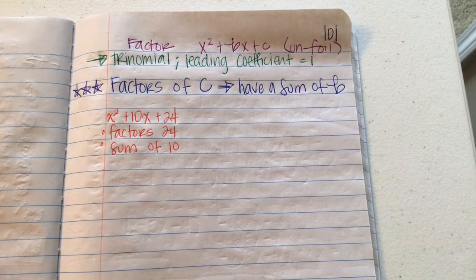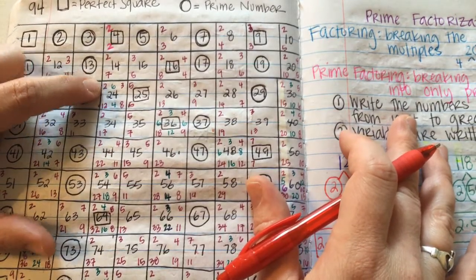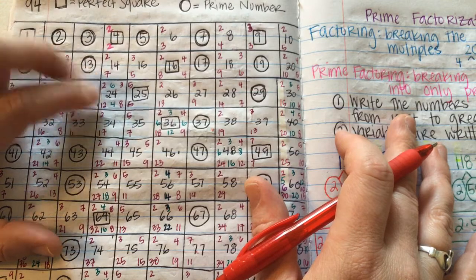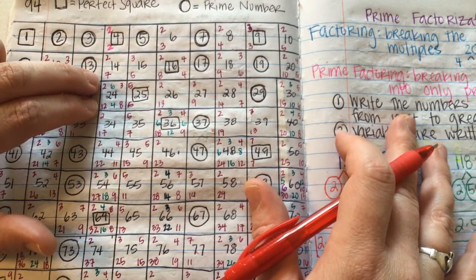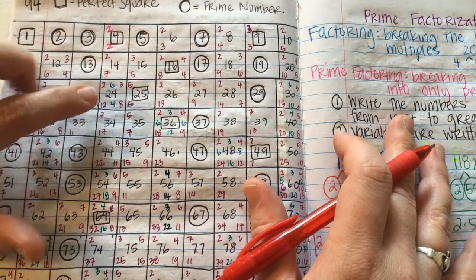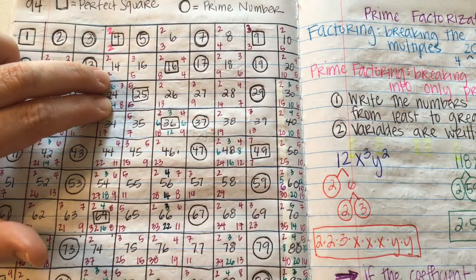And if you're not confident with it, we can go into our factor squares and I can look at 24. I have 2 and 12. I could make 10 out of that, but one of them would have to be negative, and that would not give me positive 24. So 6 and 4, does 6 and 4 work? 6 times 4 is 24, 6 plus 4 is 10.